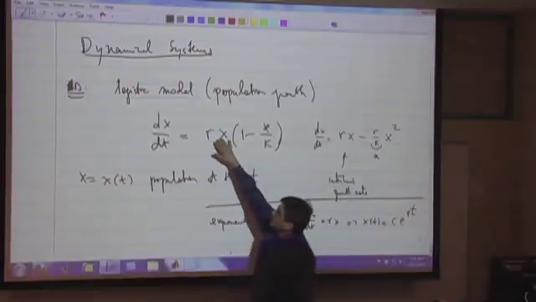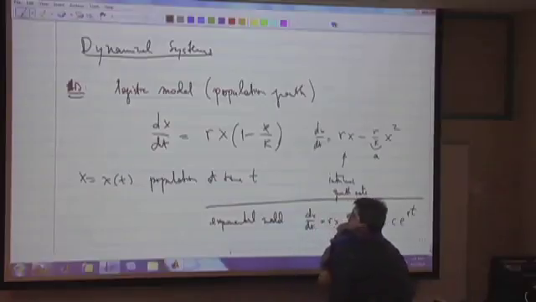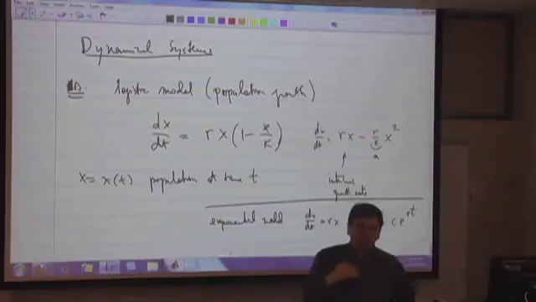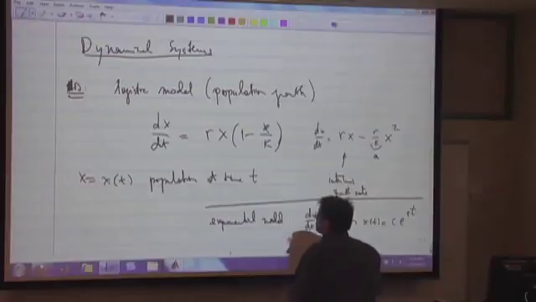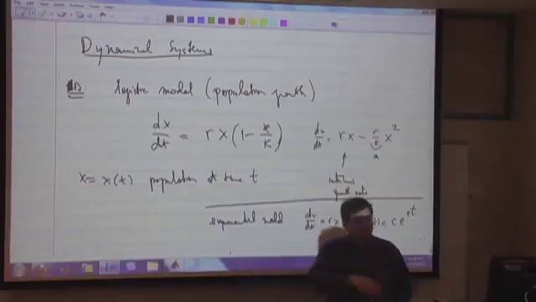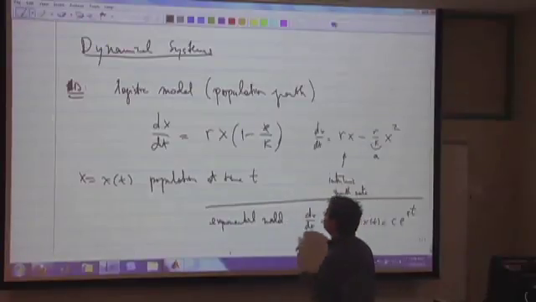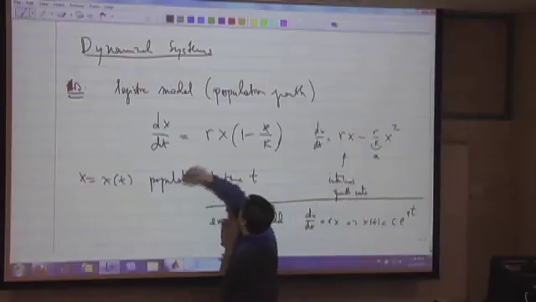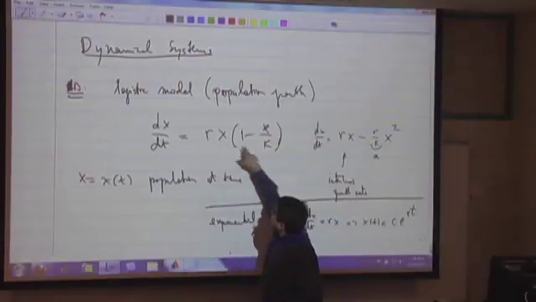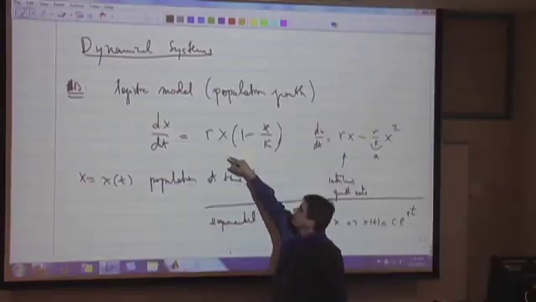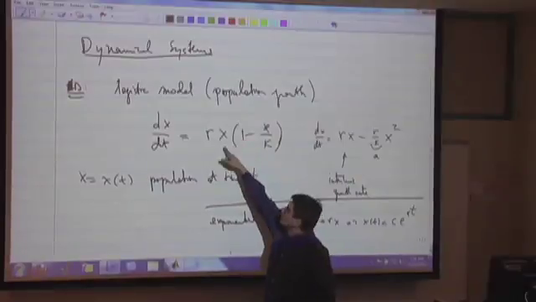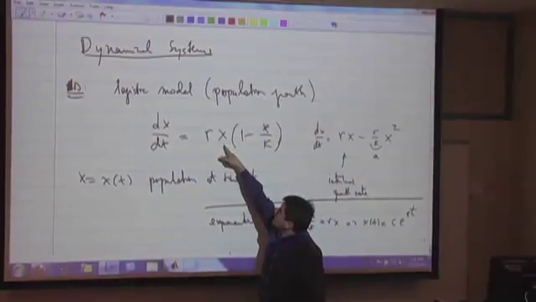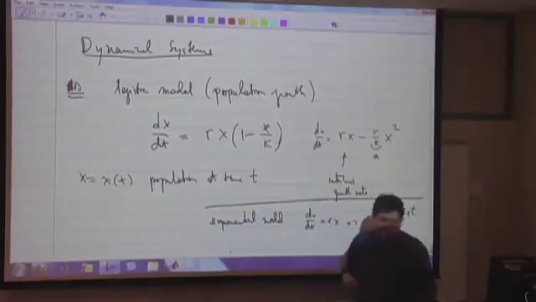The reason we write it in this form is that if you look at the steady states of this population, and we ask, what would the population have to be initially so that it stays at that value forever? That would be a constant solution to this equation. And remember, we said that a constant solution means the right-hand side has to be equal to 0. So having it as a product is just convenient. Because you can see the right-hand side is 0 if x is 0 or if x equals k.